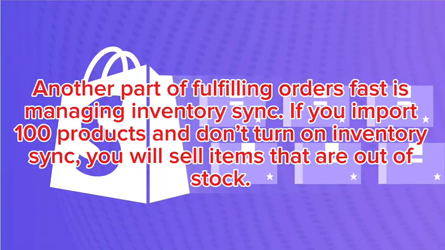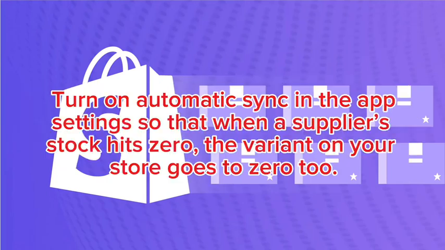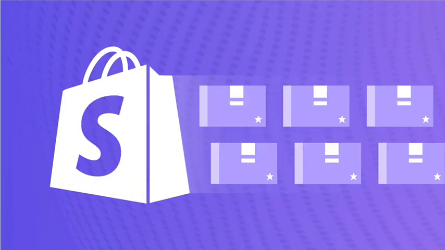Another part of fulfilling orders fast is managing inventory sync. If you import 100 products and don't turn on inventory sync, you will sell items that are out of stock. Turn on automatic sync in the app settings so that when a supplier's stock hits 0, the variant on your store goes to 0 too.